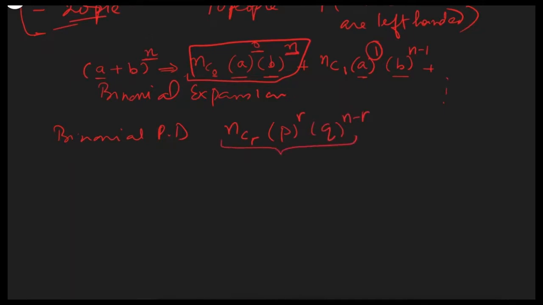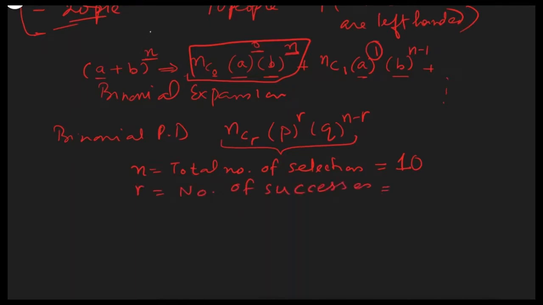So let me introduce what each one means. n means total number of selections. In the example I've taken 10 people. So in this case it is 10. Right? Finite number of selections. r, number of successes.